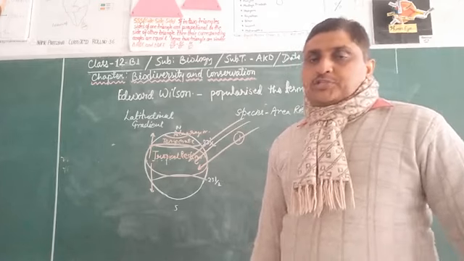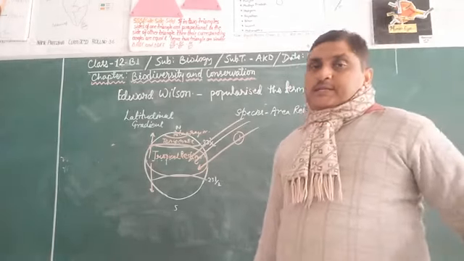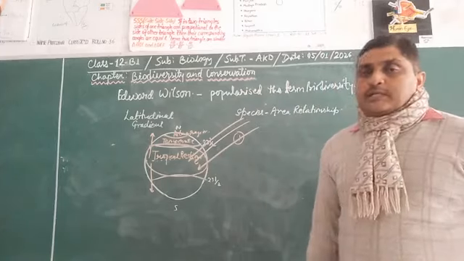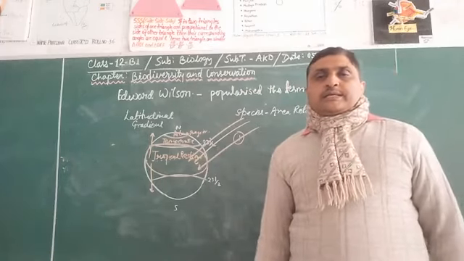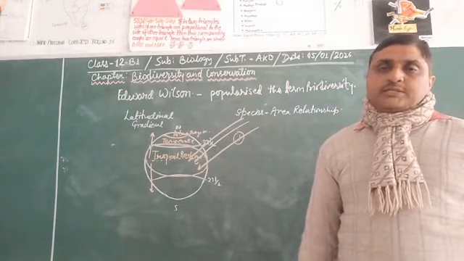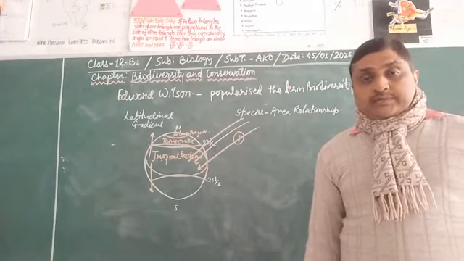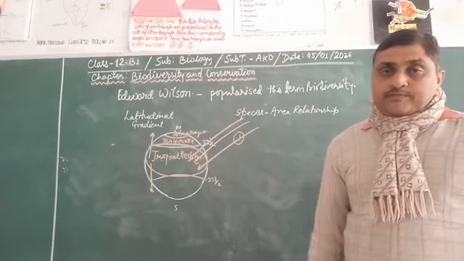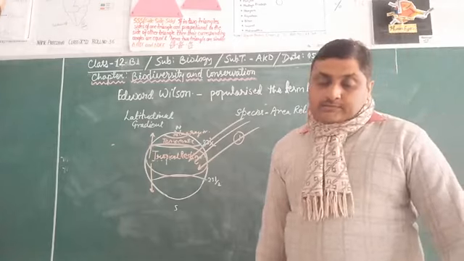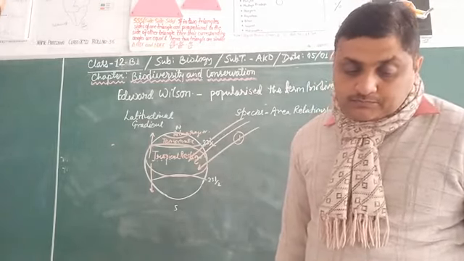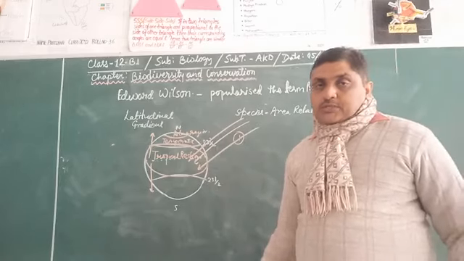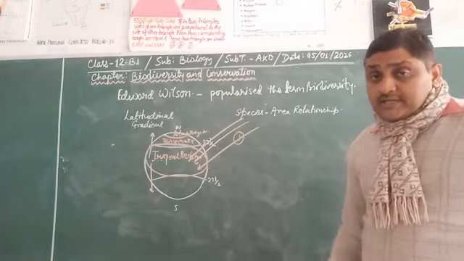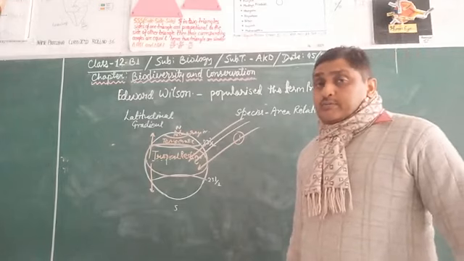So just remember these three points. First, in the polar region, glaciation takes place continuously, and that glaciation causes disturbance in the biodiversity. As a result, there is biodiversity loss. Second, in the temperate region, there is less seasonal variation compared to the tropical region, and that less seasonal variation causes the loss of the biodiversity.